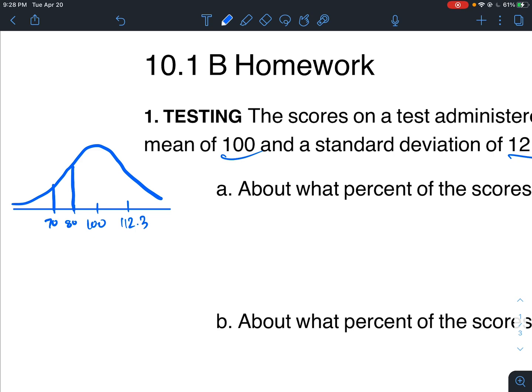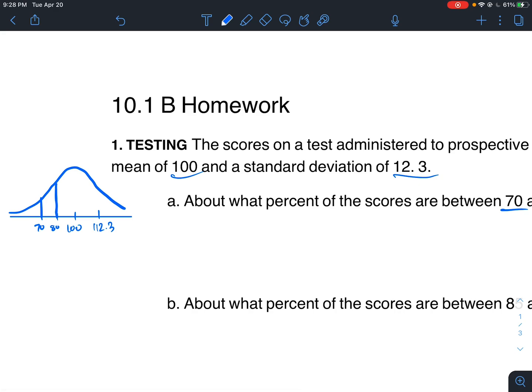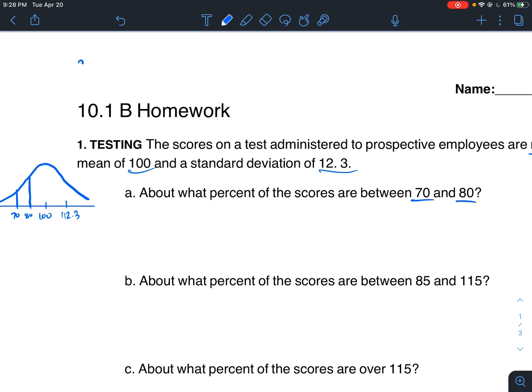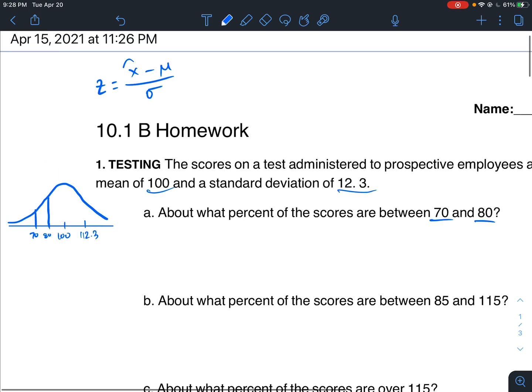Okay, so I'm first going to find out how far the score of 80 is from the mean. And I'm going to use my z-score. So the z-score says that z is equal to your data value, subtract the mean, divided by the standard deviation. So this right here is my data value, in this case 80. So I'm going to take 80, subtract the mean, which was 100, and divide by the standard deviation, which is 12.3.